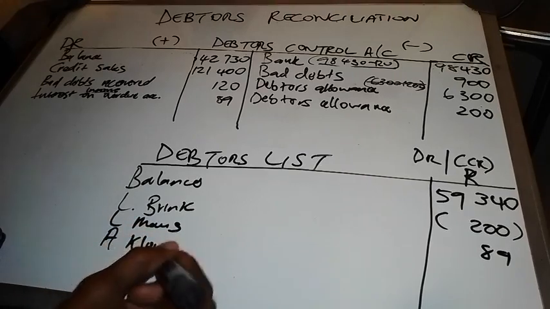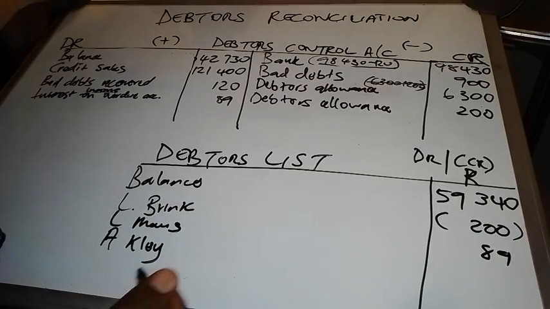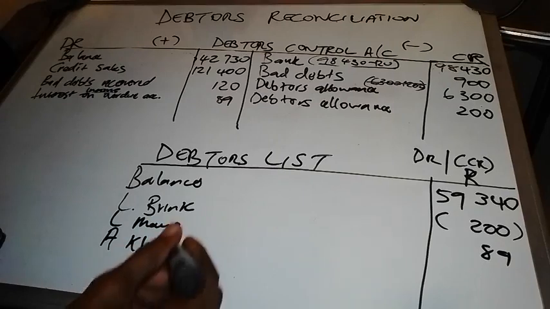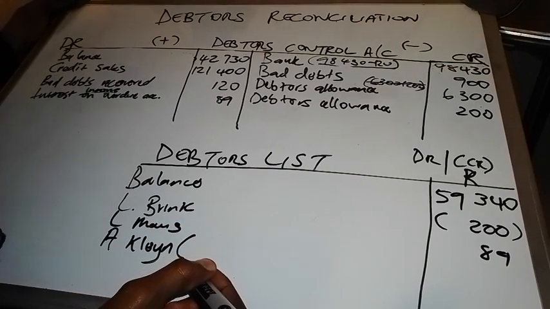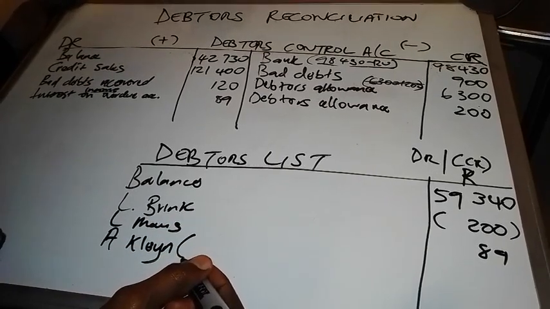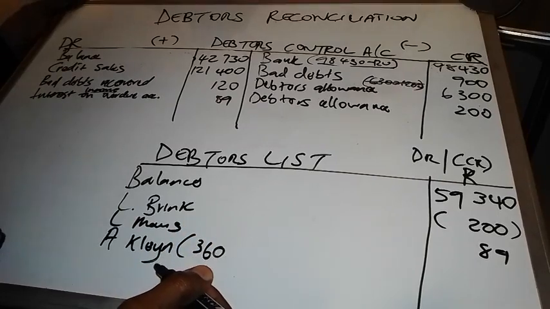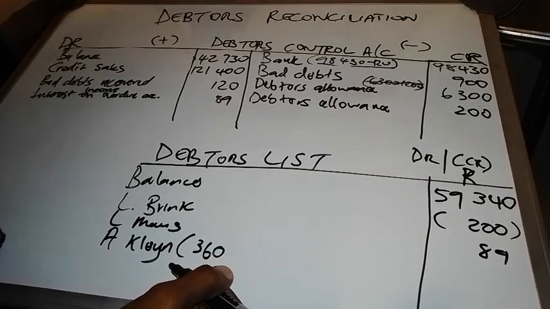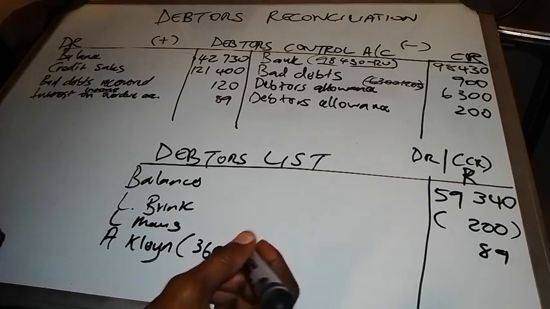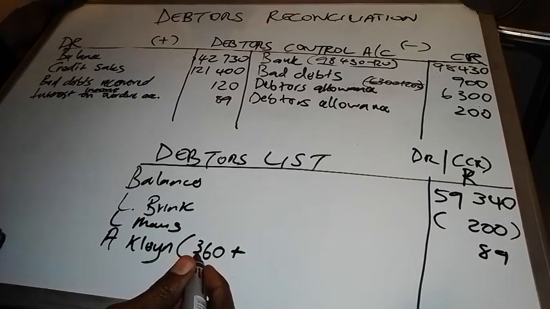So I'm just gonna say A Klein, right? A Klein, and then they say it was posted to the debit side of the debtor. So 360 was wrongfully debited, which means it increased their accounts. So we are going to minus the 360, right?